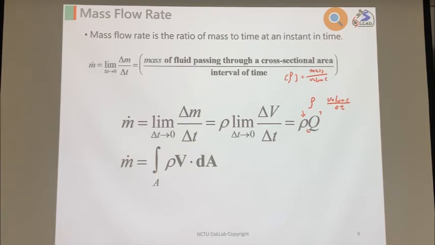So if you have the discharge Q and multiply by density, you can change the volume rate to the mass flow rate, because the volume will cancel out, and finally the unit of the mass rate is mass divided by delta T. Okay, so this is finally what we want.